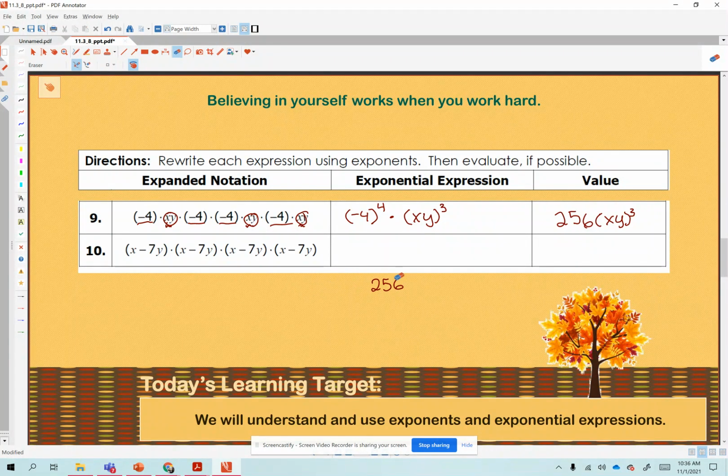So let's go on to number 10, the last one in this group. I have the quantity of x minus 7y. Okay, it's a quantity, it's in parentheses. And I have 4 groups of x minus 7y. So that means that I just put an exponent of 4.